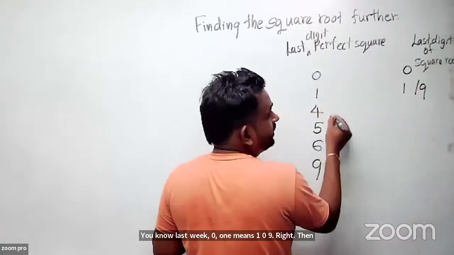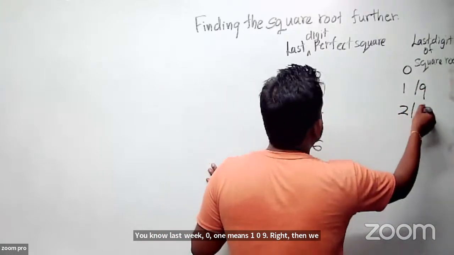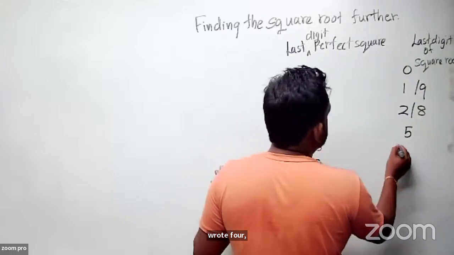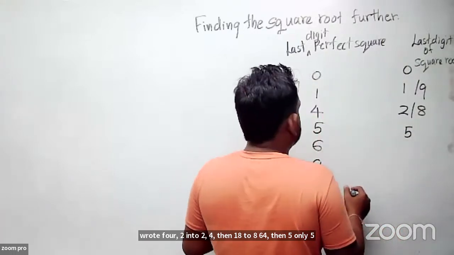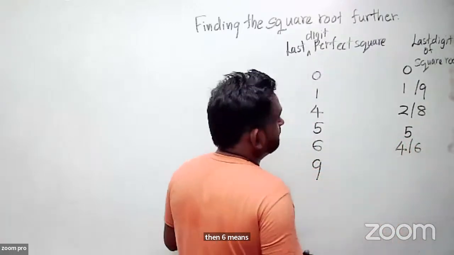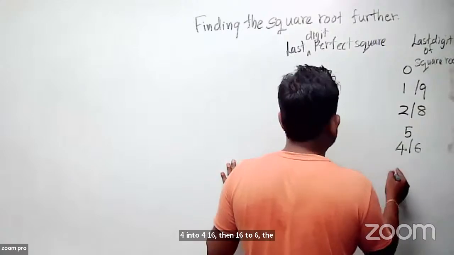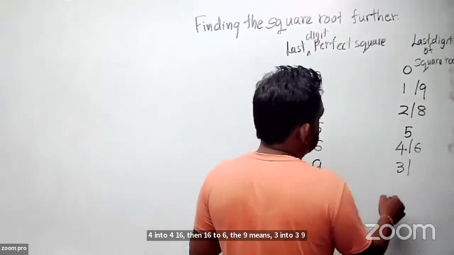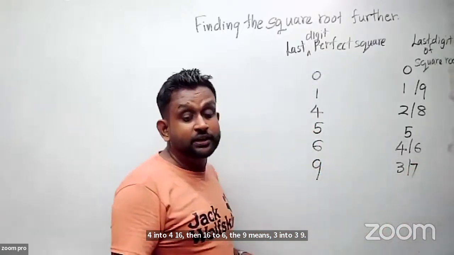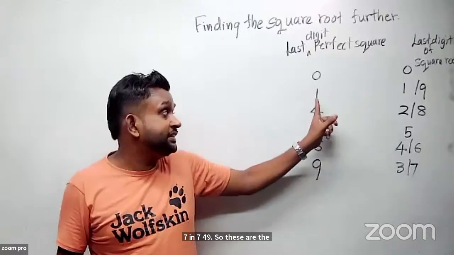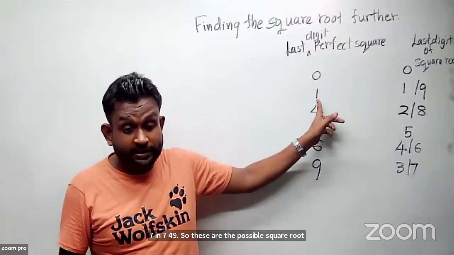Then we wrote 4 means 2 into 2, 4, then 8 into 8, 64, then 5, only 5, then 6 means 4 into 4, 16, then 6 into 6, 36, then 9 means 3 into 3, 9, 7 into 7, 49. So these are the possible square roots for the digits ending the perfect squares.